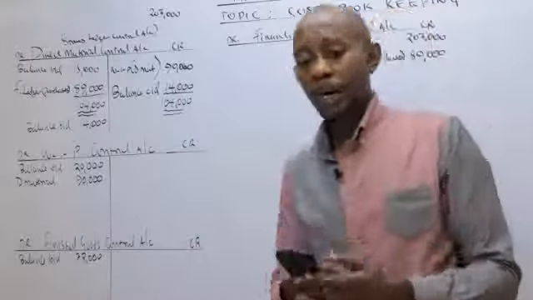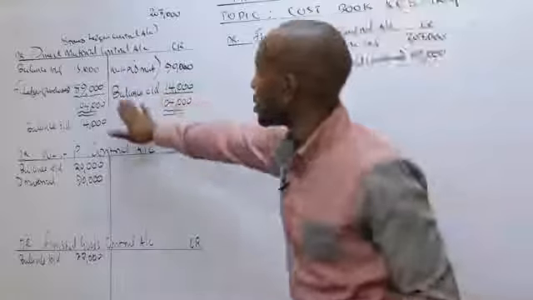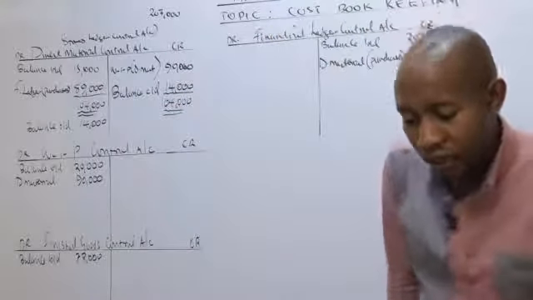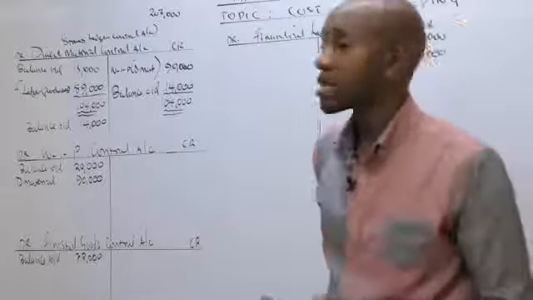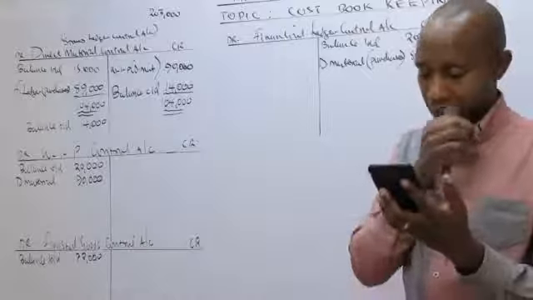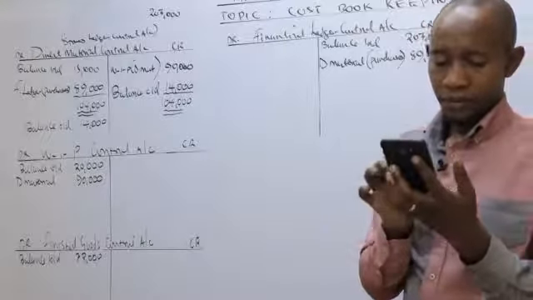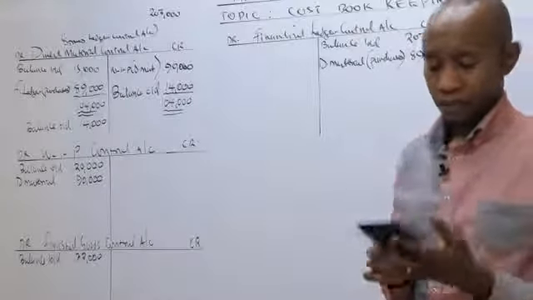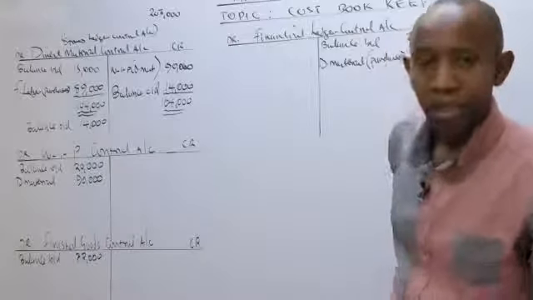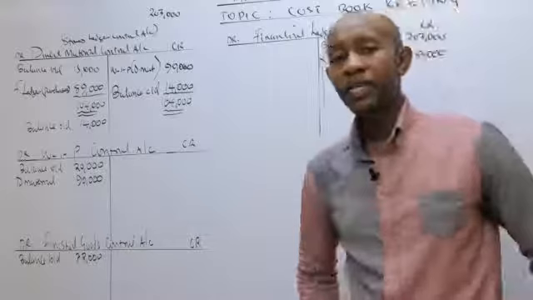If there's a question, anywhere you are lost, as far as writing the material or the stores ledger control account is concerned, you can ask for clarification. You needed that for part A of the question. That is how you get your 3 marks.